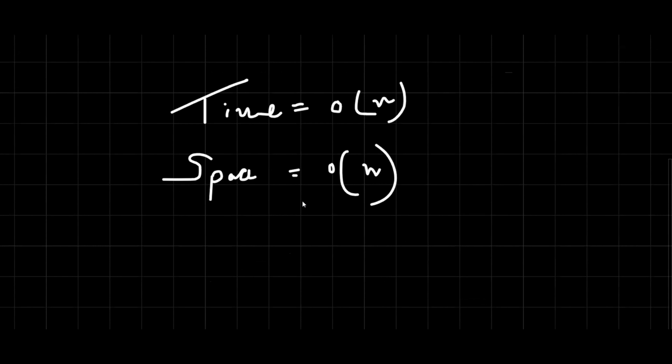And the space complexity of this problem is also big O of n, because we have to take one extra vector or one extra dynamic programming array. So in the worst case, the size of this new vector will be equal to the size of the input array. So the space complexity of this problem is big O of n.